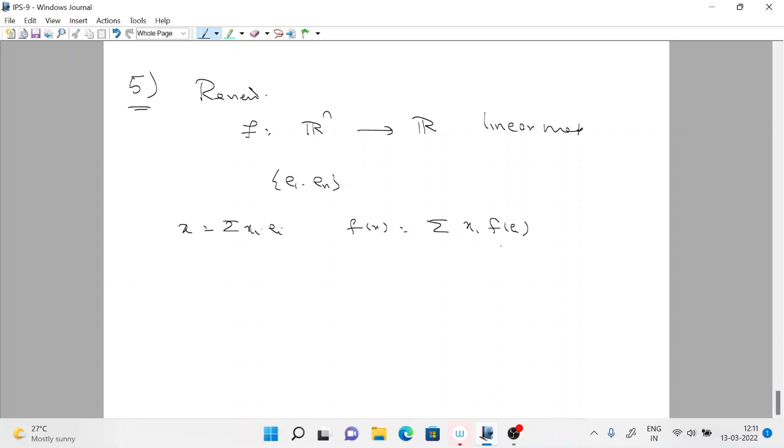Suppose I call f of ei as ai. You notice that this is nothing other than x dot a, where a is the vector a1 to an in Rn, and this is nothing other than the dot product. This we have seen. So any linear map is of the form summation of ai xi.